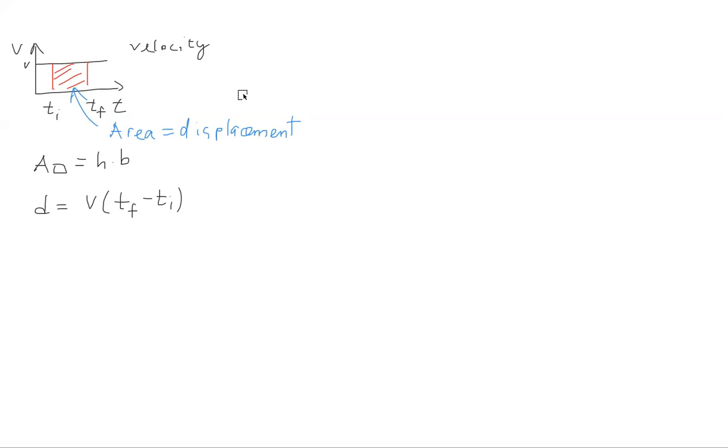Can you figure out how much time the second event took? The answer is yes, right? From 45 to 90, that's 45 seconds. So you automatically subtract 45 from 90. That's why we write T final minus T initial, okay?